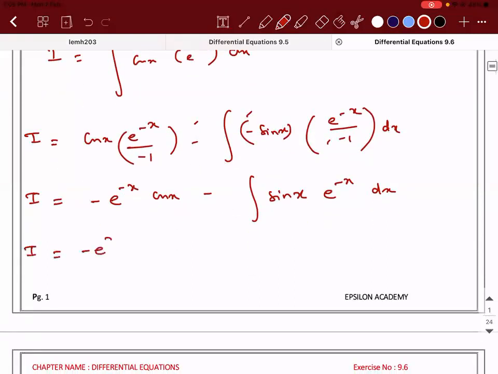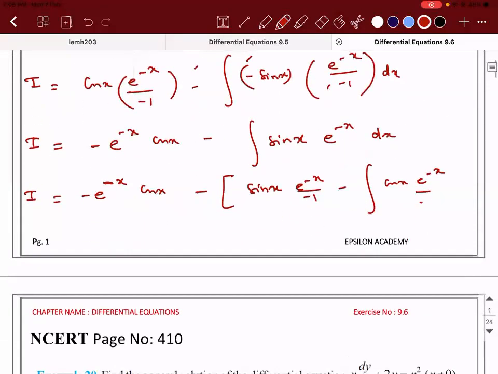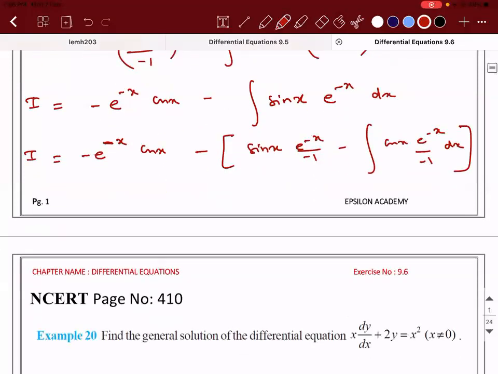So I is equal to minus e power minus x cos x minus first function again into integral of second function minus integral of derivative of first function into integral of second function dx plus c. Okay, forget about plus c. Okay, now if you observe, this minus will come and get combined with this.